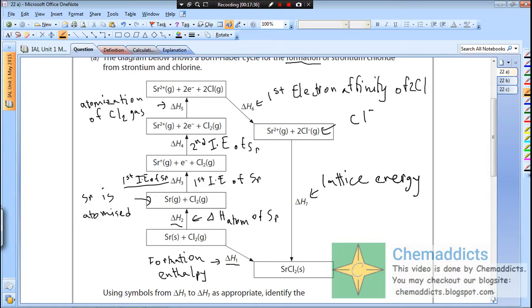It is the energy released when 1 mole of ionic solid is formed from the required amount of gaseous ions. As we can see, according to the definition, here 1 mole of ionic solid is formed from the required amount of gaseous ions. So this should be the lattice energy. So del H7 should be the lattice energy.